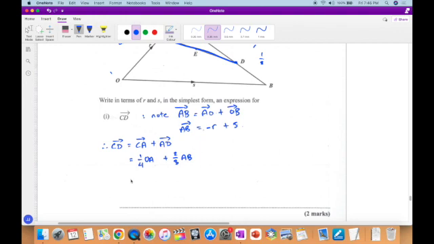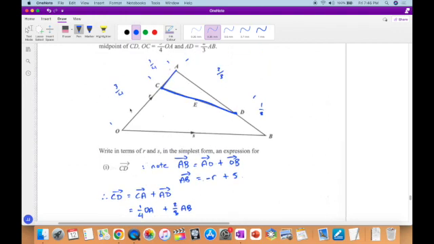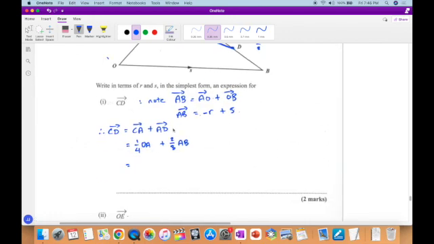Remember OA is R, and we are going in that direction, so there's no minus. So it'll be a quarter R plus 2/3, and AB is negative R plus S. So let's simplify it. They did say in the simplest form.